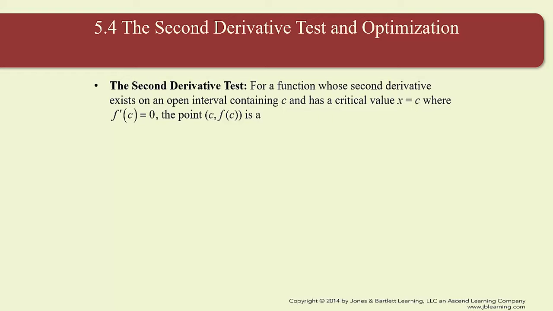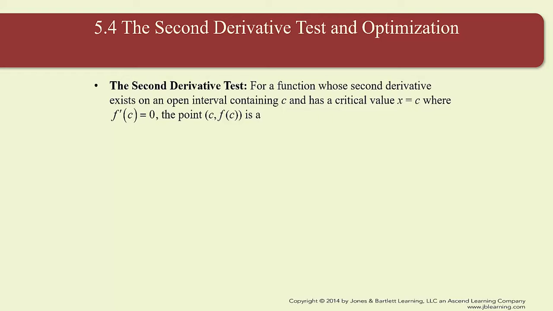Remember, in general, critical values occur wherever the derivative is 0 or where the derivative is undefined. We're only going to be concerned with critical values where the derivative is 0 in the second derivative test.